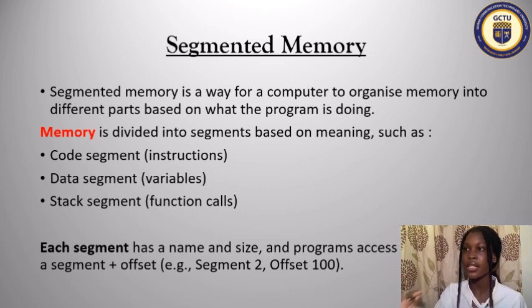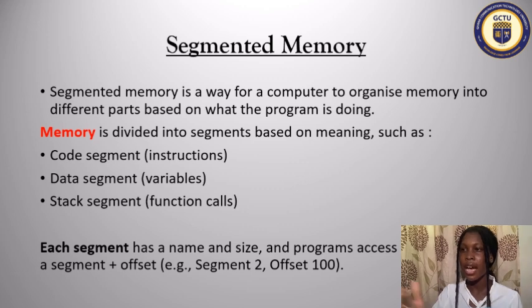And stack segments are for keeping track of function calls and to also help the programs remember what to do next. Now for segmented memory, programs access memory by giving a segment number and offset. So it's like saying start here, then move forward a bit, as seen from the example in the slides.